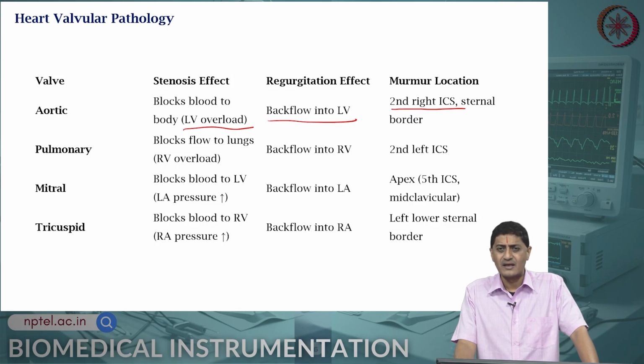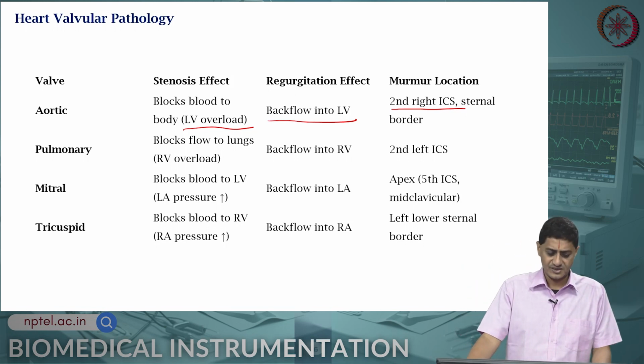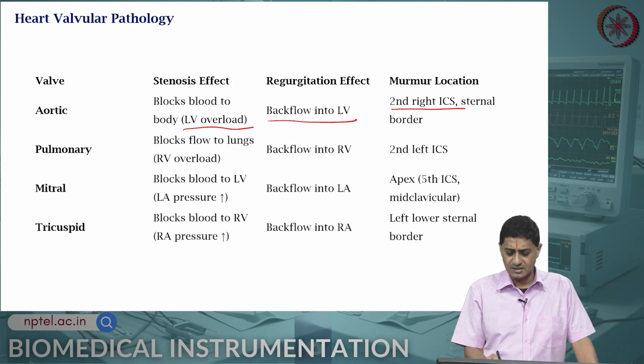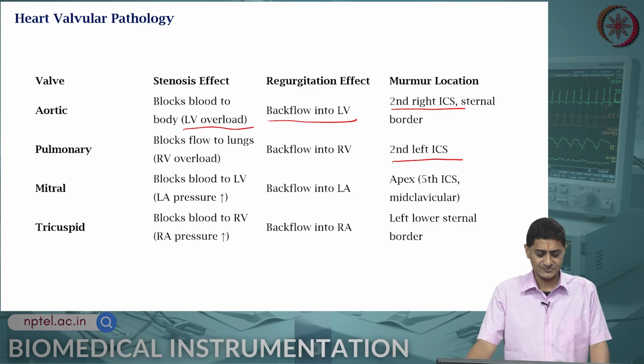Right. Suppose it is regurgitating, it causes a backflow into the right ventricle from the pulmonary artery. Right. Again, in this case, the murmur is typically heard in the second left intercostal space.